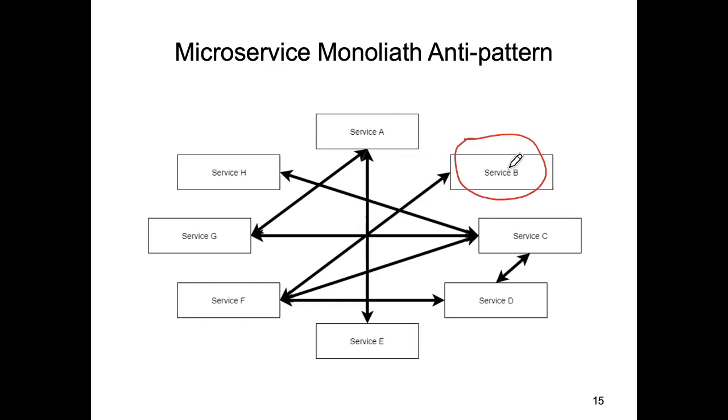That sounded nice in theory, but if your service is being used by lots of other services and there are lots of communications, then you probably do need to consult with the other teams about the changes you're making, especially if those changes impact the service's API or interface. So it wasn't that silver bullet that a lot of people initially thought the microservices architecture was, mainly because of this inter-service communication reality that existed.